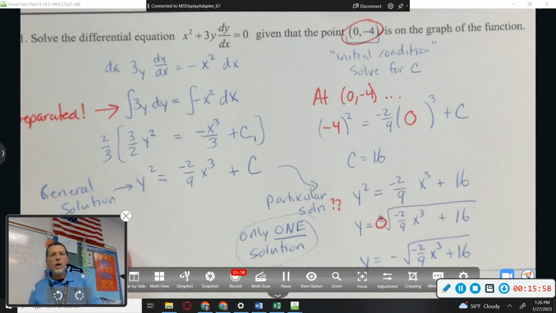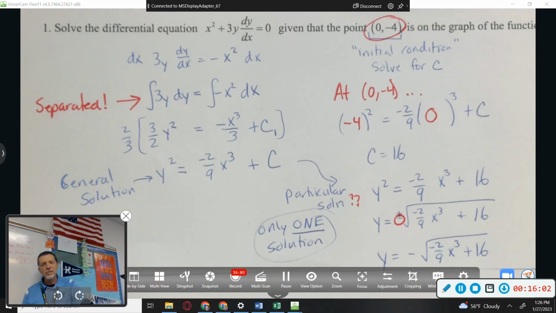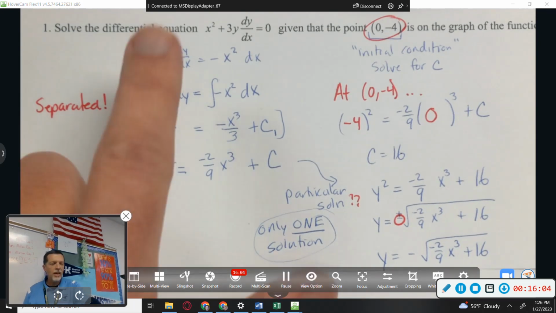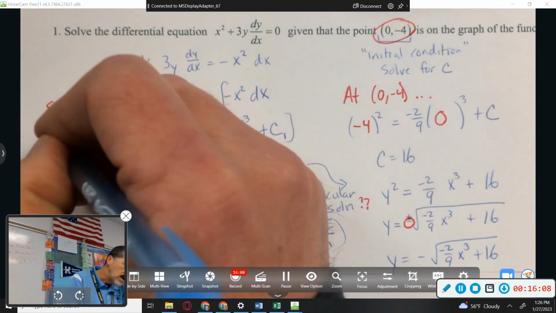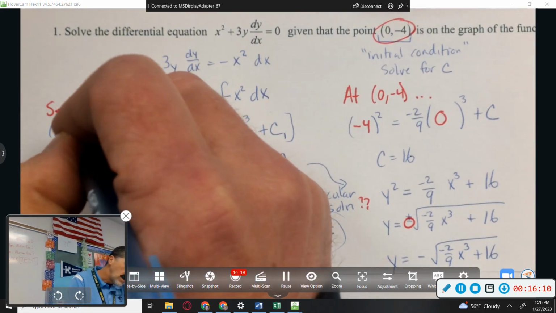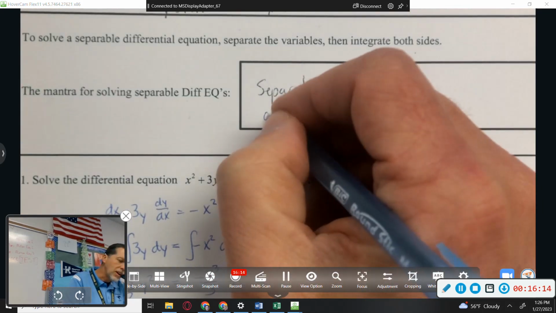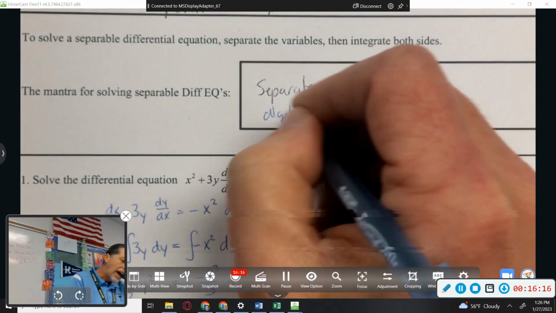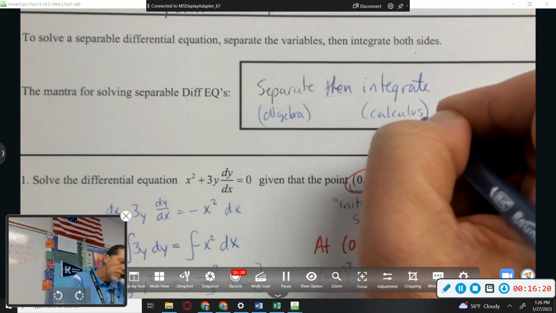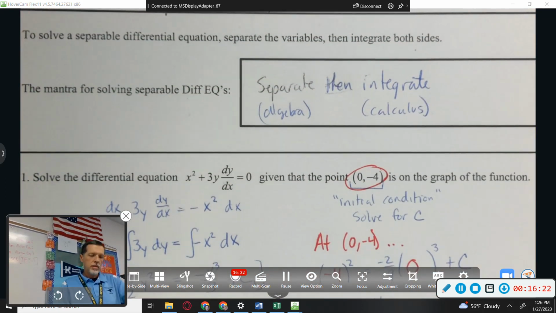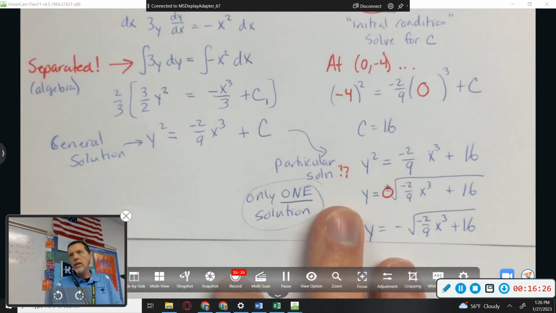So all of these problems, all is a strong word, most of these problems have algebra to start with. That's the separation part. Algebra, separate, then integrate. Another way to say that is algebra, then calculus. And then use the initial condition. So they're complicated.